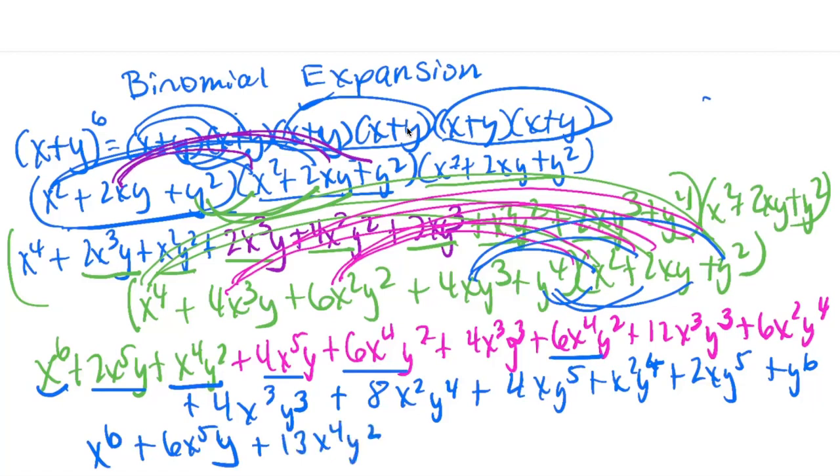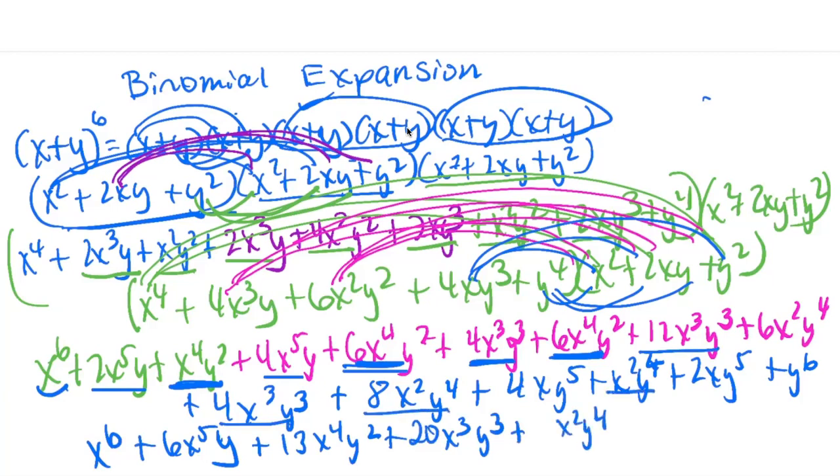All right, then I have, because this was 1, 7, 6. Okay, so now I have 4x cubed y cubed. 12, that's 16, and 4 is 20. All right, then I have x squared y to the 4th, and x squared y to the 4th, and x squared y to the 4th.